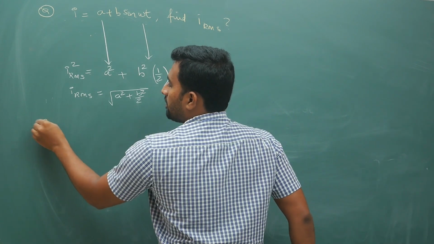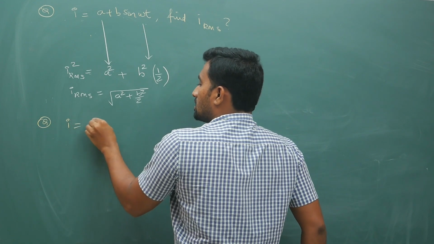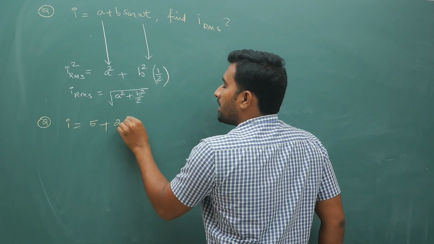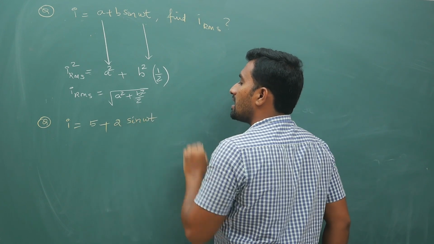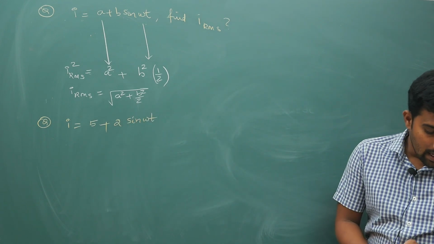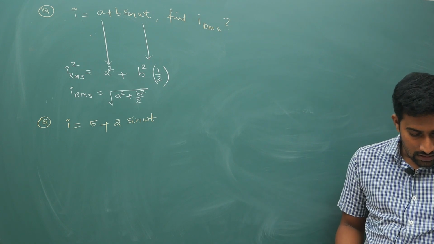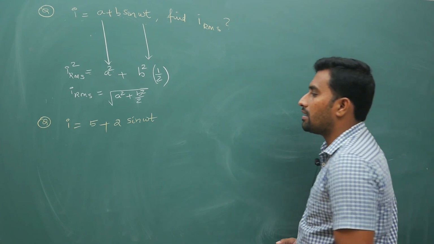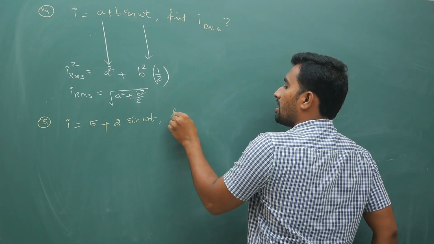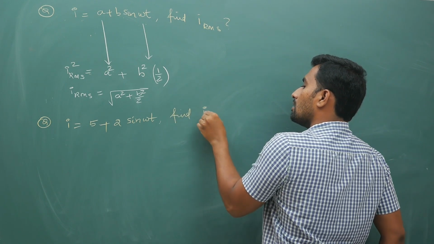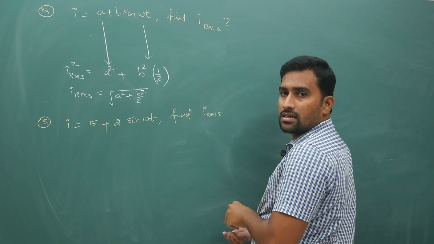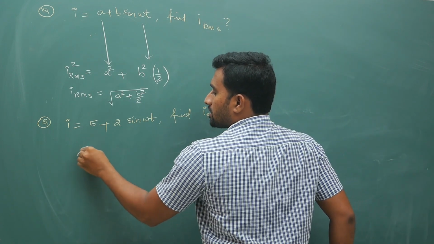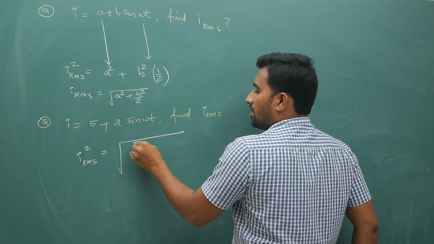For example, if I give you a question, I is equal to 5 plus 2 sin omega t, and let us say I am asking you to calculate the average value for full cycle or RMS values. Let us try to calculate your RMS. Find I RMS. Now how will you do this question? Your I RMS square is the integral of 5 square.